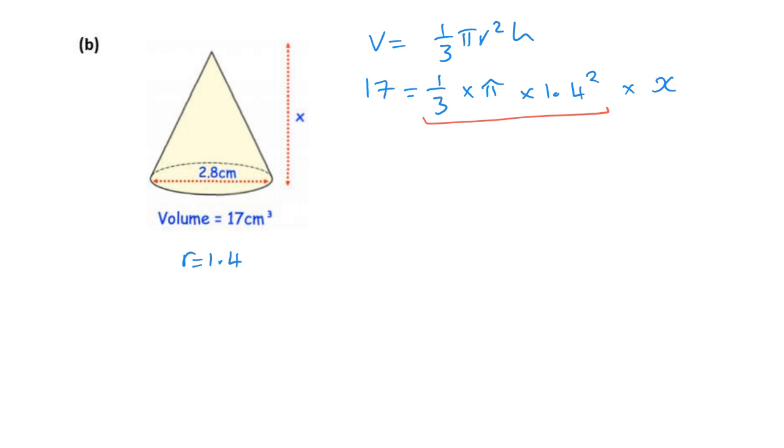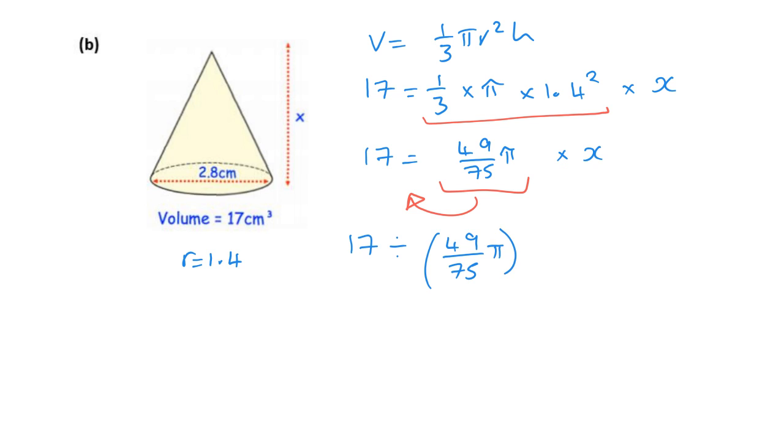So we have a third times pi times 1.4 squared, and it gives us 49 over 75 pi by x. Now we want to take this across, which means we'll have 17 divided by 49 over 75 pi. So it's 17 divided by that, and it gives us that x is 8.28, so that's 8.3 to 1 decimal place. It's a length, and it's in centimeters.